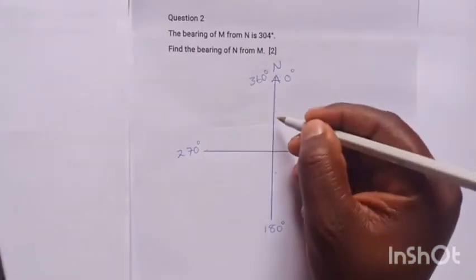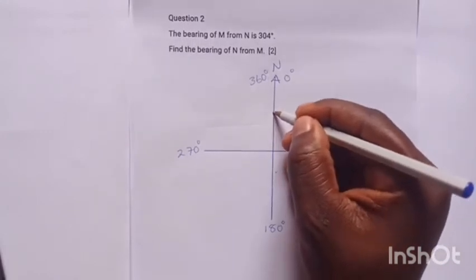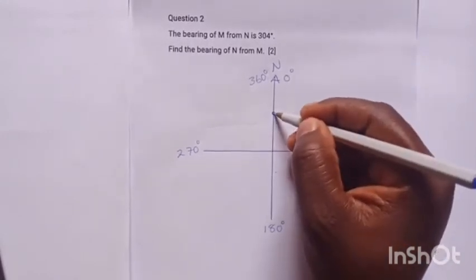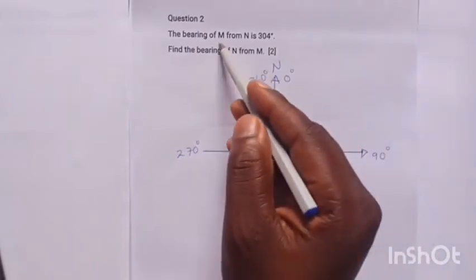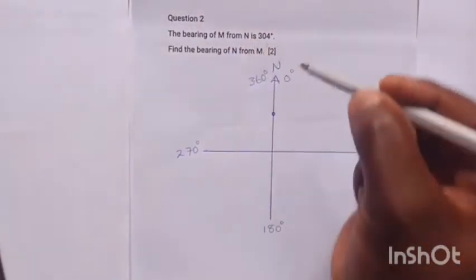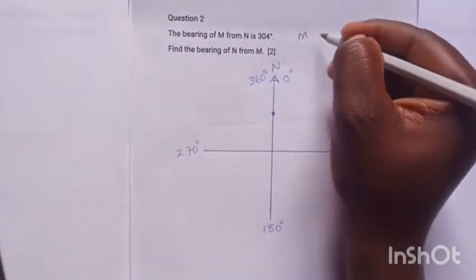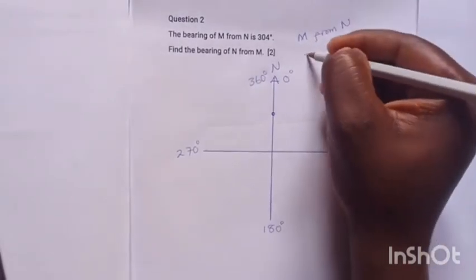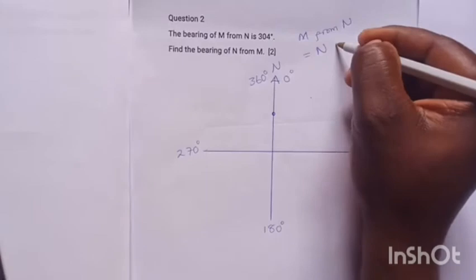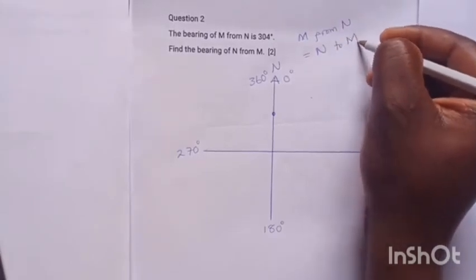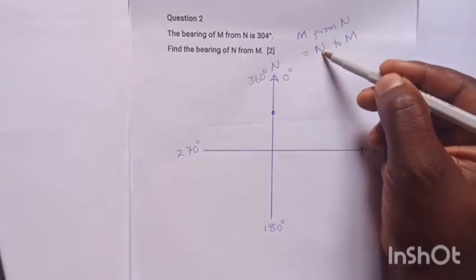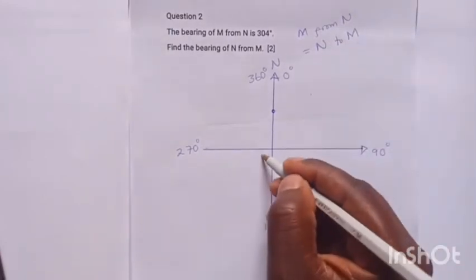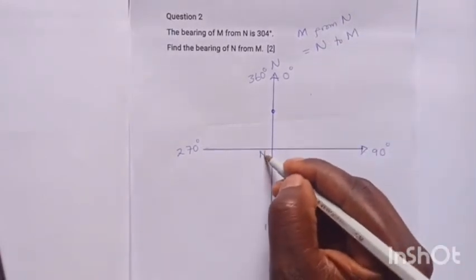So you draw your arrow. And before you draw the arrow, take note that M from N is as good as N to M. So N is our initial point, which is placed at the center, or at the heart of the compass.